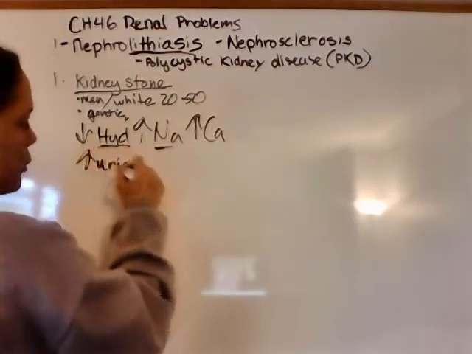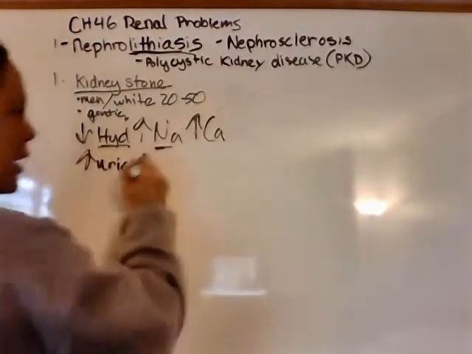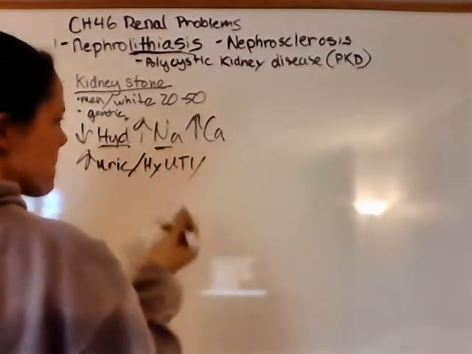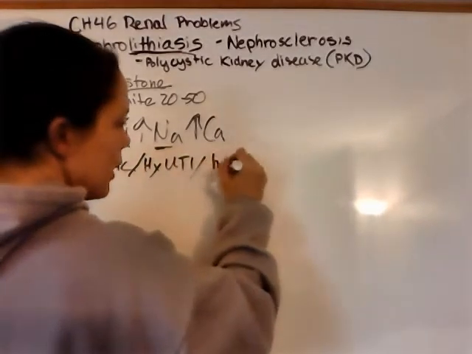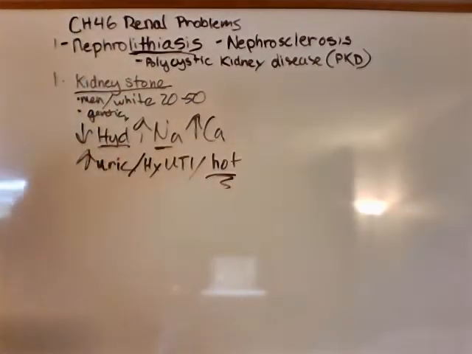Uric acid is another stone precipitant, and high uric acid is usually associated with gout. Again, history of UTIs, genetic issues. Oh, hot climates. If you're in Florida, then you're probably going to be more at risk for kidney stone formation, and that has to do with hydration of the body, though.